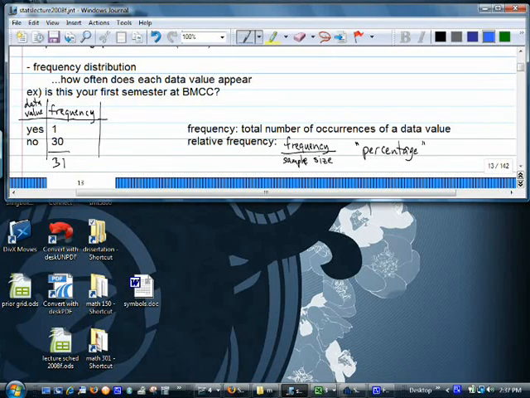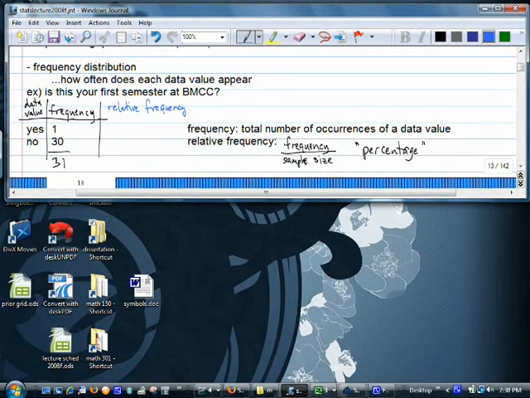Relative frequency. Now, what is the relative frequency for yes? That's just the frequency divided by the sample size. It's 1 out of 31.